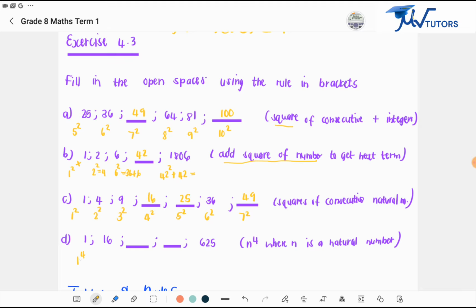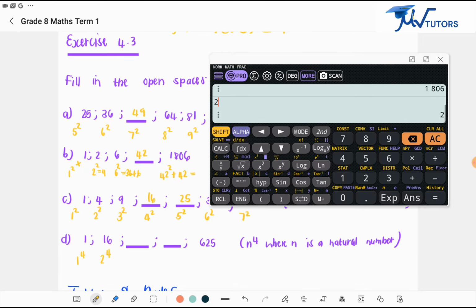So 1 to the power 4 is 1. 2 to the power 4, I'm assuming we can check. Do you see it's 16? Now what is 3 to the power 4? 3 to the power 4 is 81.